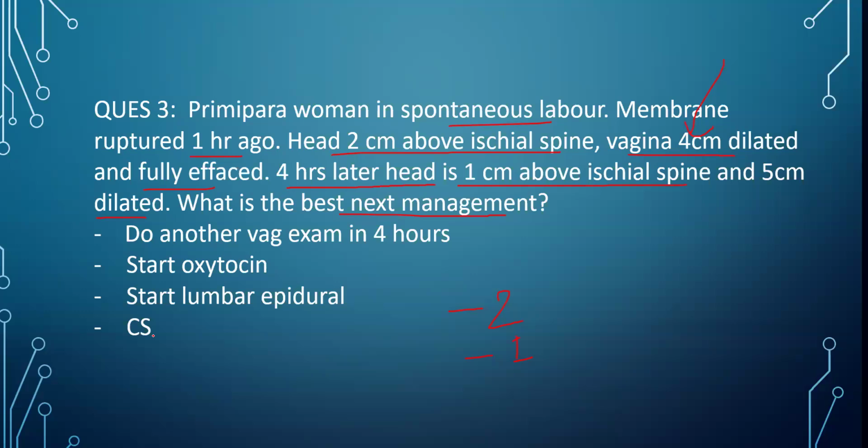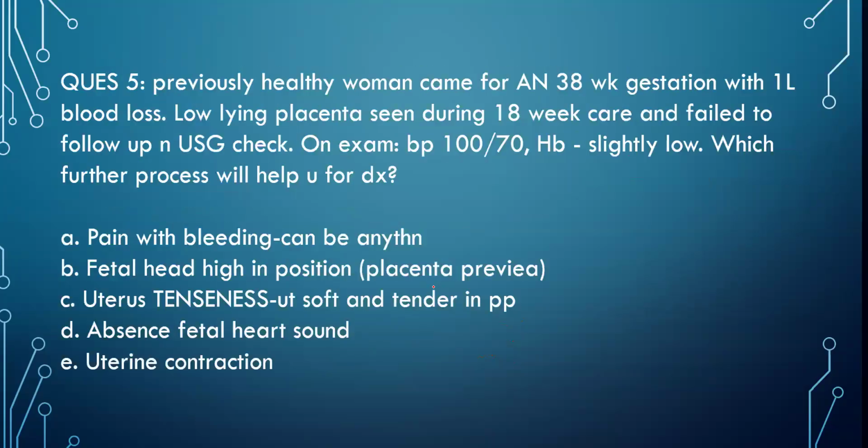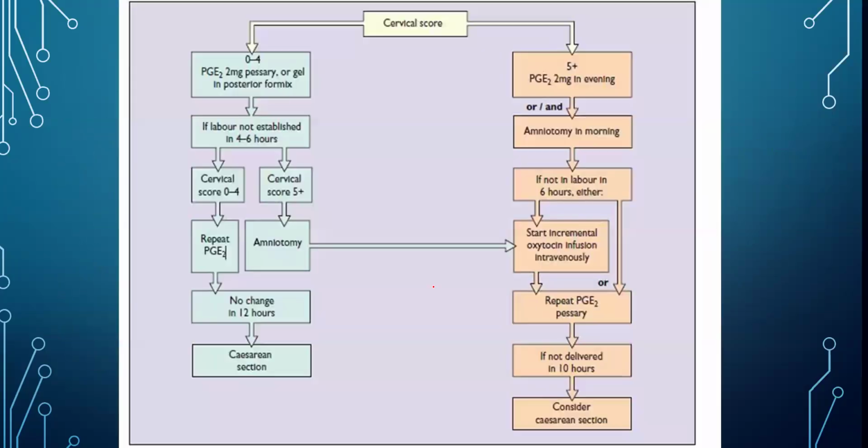So there is no hurry in this patient that you need to start oxytocin. So you just need to monitor the patient. Everything looks fine in here. They haven't said anything about contraction, so no need to give oxytocin. So you just do another exam in 4 hours. Okay? So these things are very important.